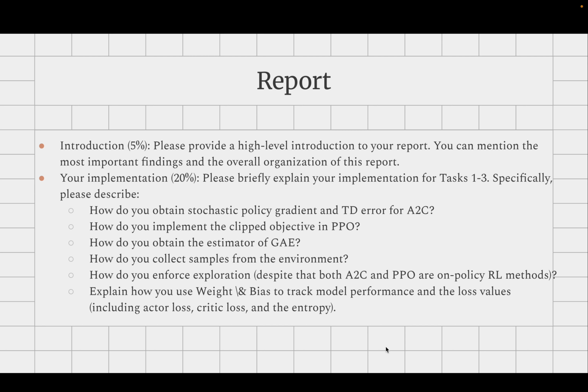And you need to describe in detail your implementation: how you obtain the stochastic policy gradient and TD error for A2C, how you implement the clipping objective in PPO, how you obtain the estimator of GAE, how you collect samples from the environment, how you enforce exploration, and explain how you use Weights & Biases to track your performance and plot the loss values.